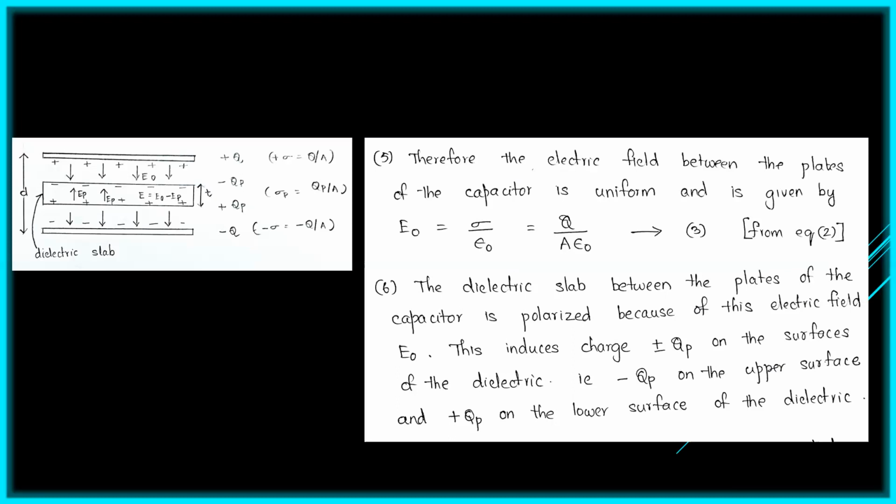All the plus charges of the molecules will go to one side, all the minus charges will go to the other side. This is called polarization. That is the topic which we have studied in this chapter. Whenever a dielectric is kept in an external electric field, the molecules will align themselves in a systematic way, with all the positive charges going to one side and all the negative charges going to the other side.